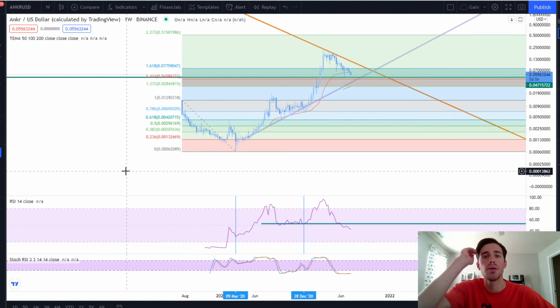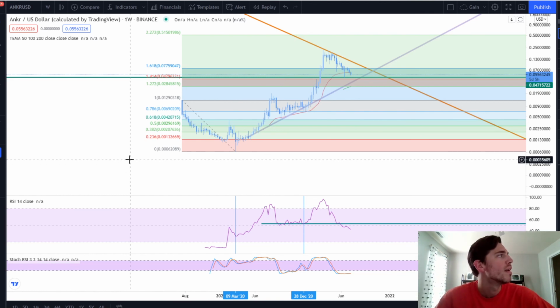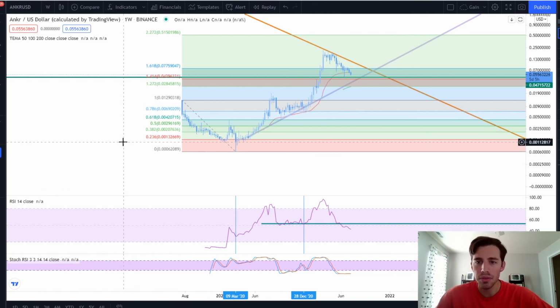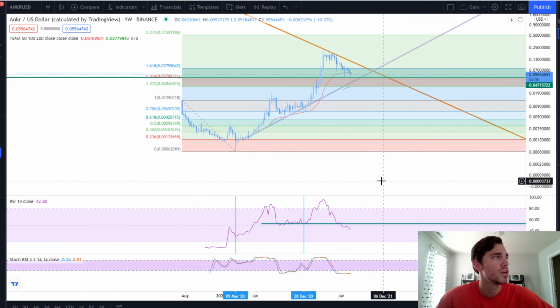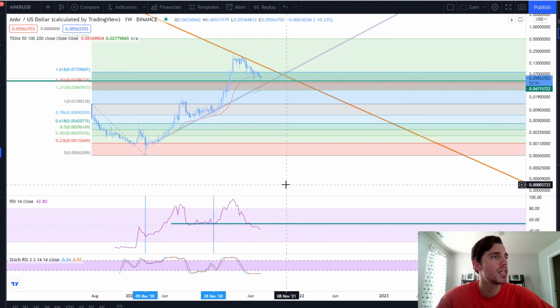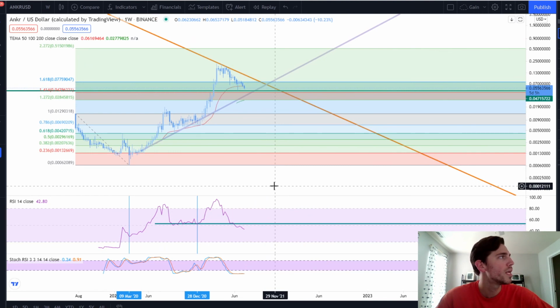Anything can happen in crypto, and a lot of this price is dependent on Bitcoin's behavior. But with that being said, looking at the technicals, you can deduce that there's a potential reversal on the horizon. So yeah, we'll keep you updated on this price action, and I will see you guys later.